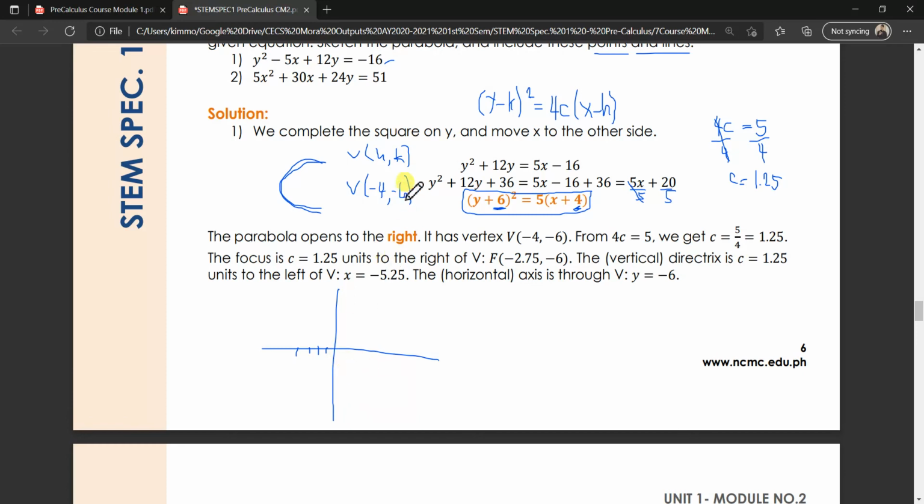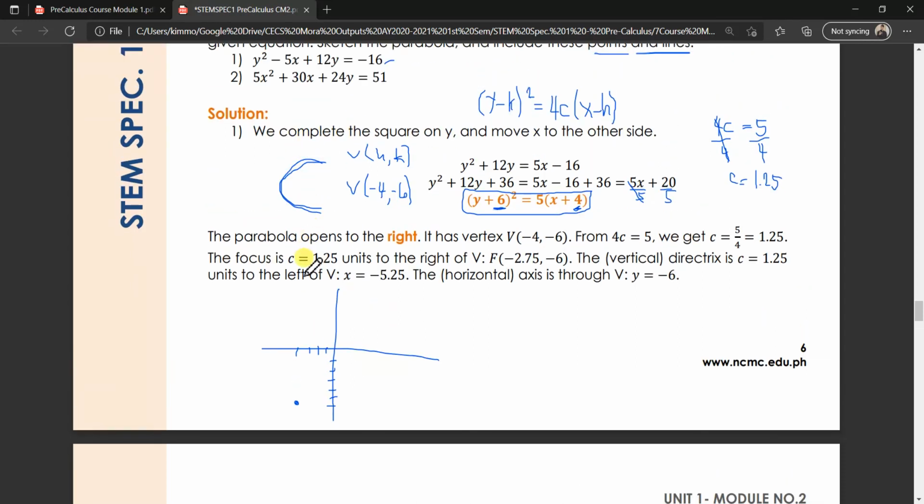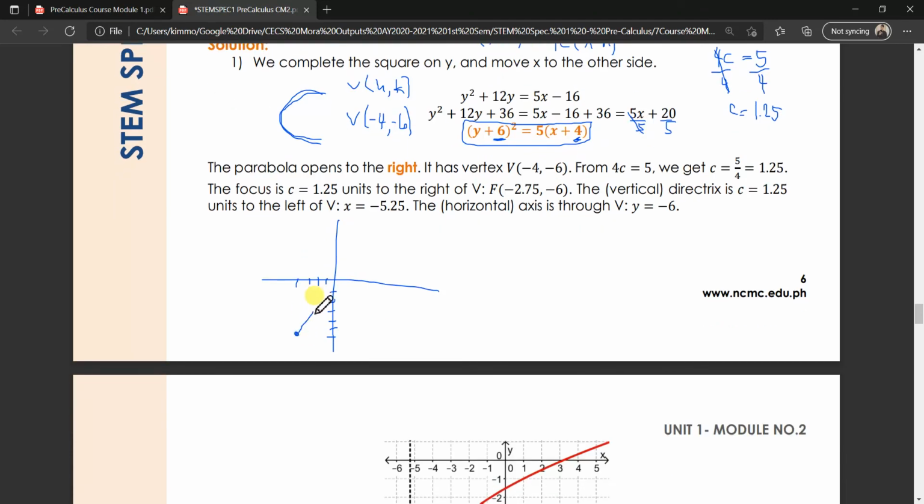And negative 6 on the y, so downward, 1, 2, 3, 4, 5, 6. So this is where the vertex is located, and it is opening to the right.